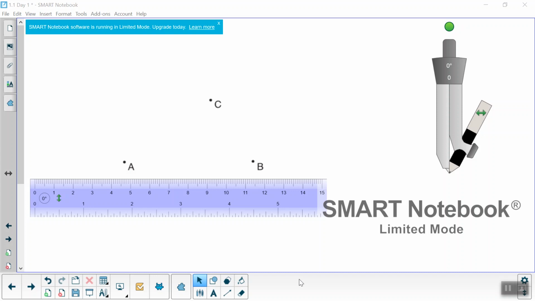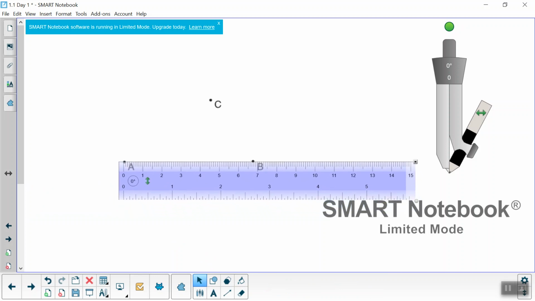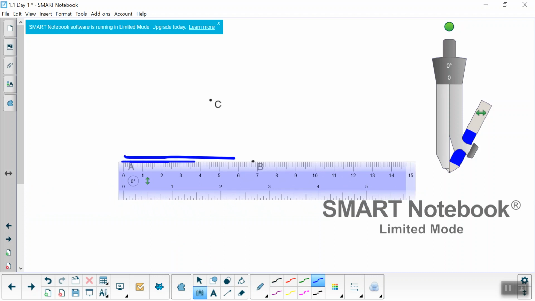First take your straightedge, line it up with A, and draw a line from A to B. And then do the same thing from B to C.